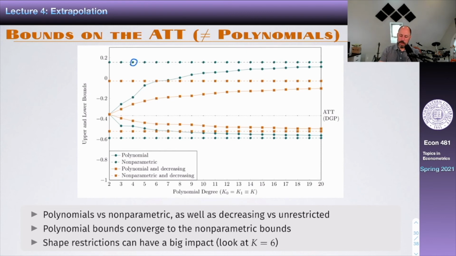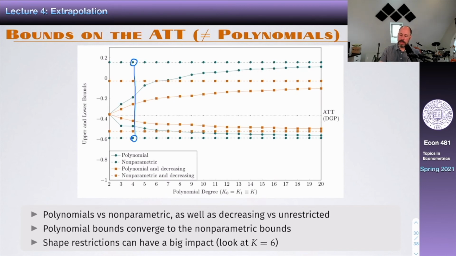So if you look at what are the widest of these bounds, it would be this one, which are the non-parametric. Non-parametric bounds without assumptions, okay, gives us a bound for the ATT that goes from negative 0.6 to 0.2. Then if you just start looking at the polynomials, the bounds increase as you add more degrees of the polynomial.